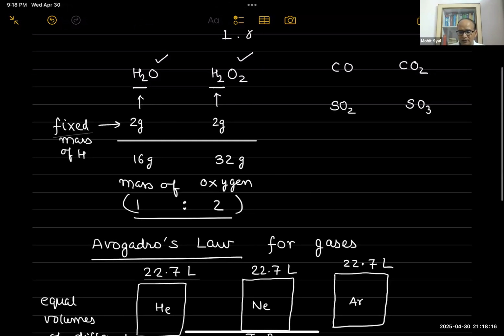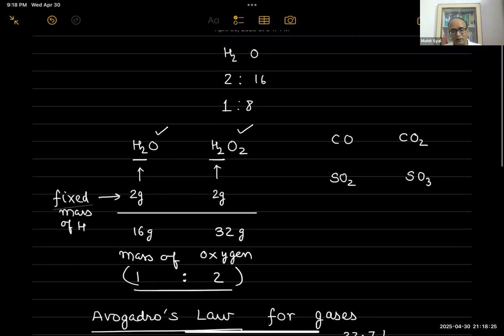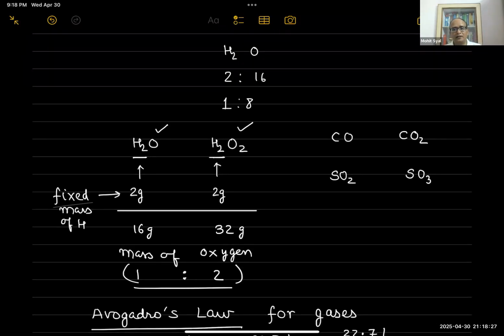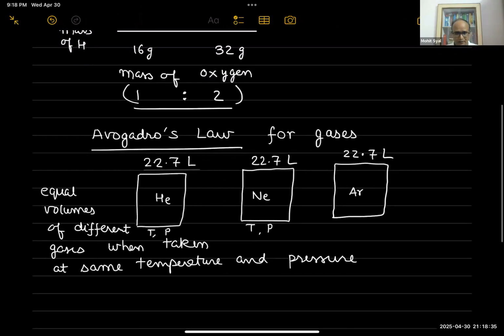So we discussed the laws. I was just revising the laws with Maha and Nabila. We discussed different laws in the last class. There is Avogadro law for gases. Avogadro number is related to the number of particles in one mole. Avogadro number that we know is 6.022 into 10 to the power 23.